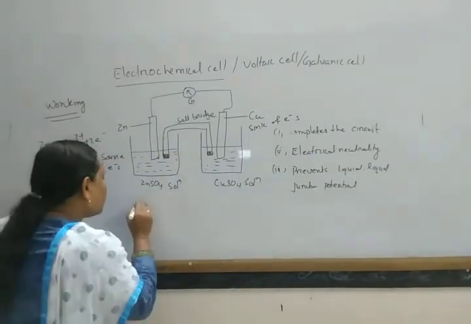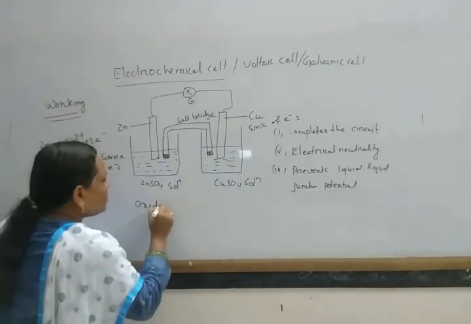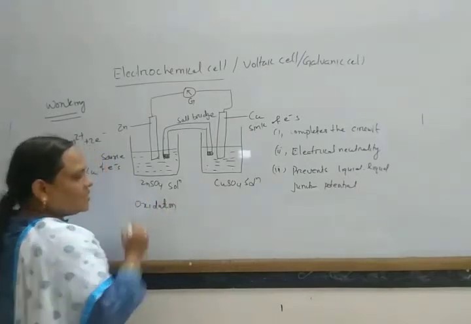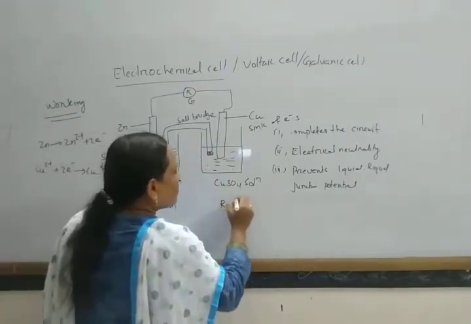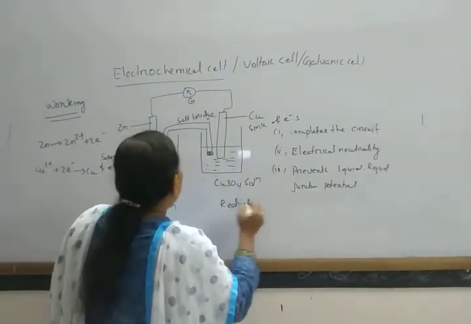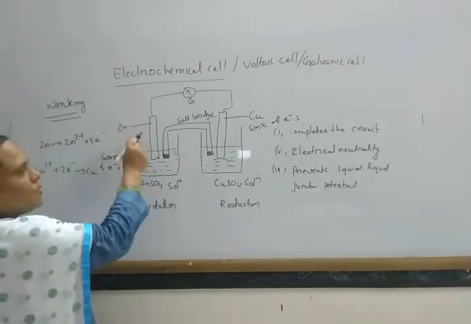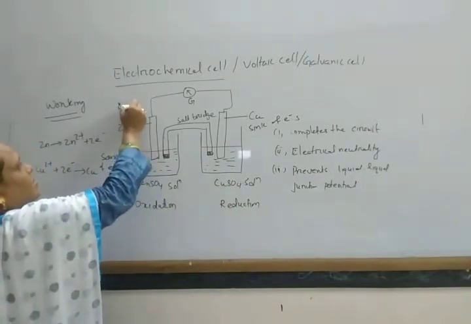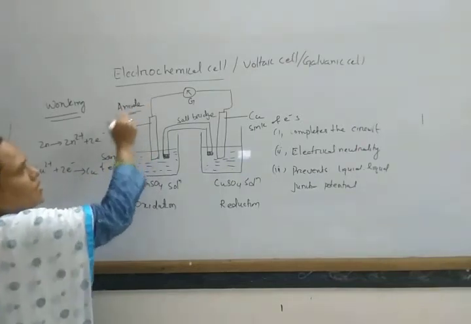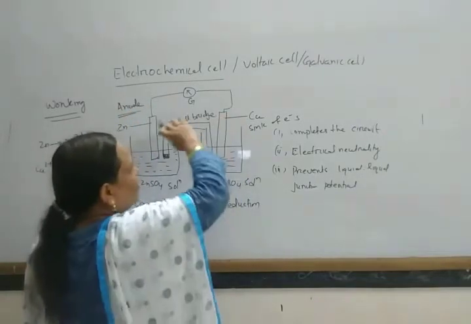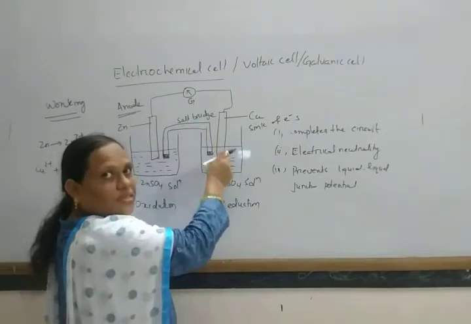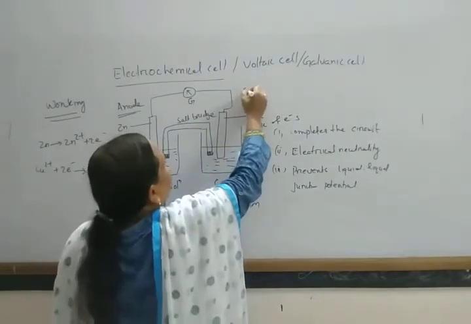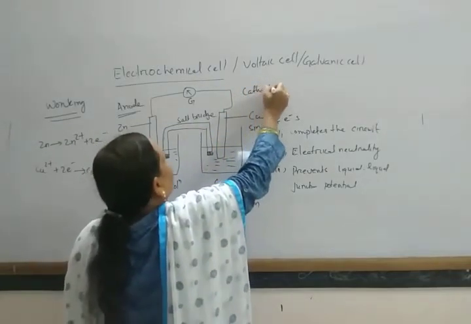So here oxidation takes place and here reduction takes place. This half, the source of electrons, is known as the anode, and the half where electrons are received is known as the cathode.